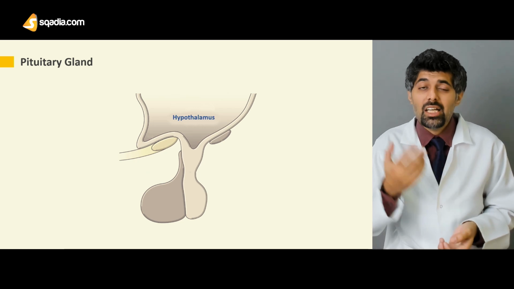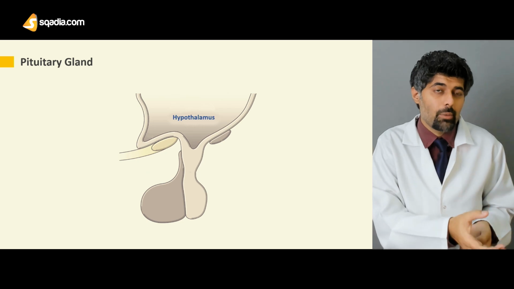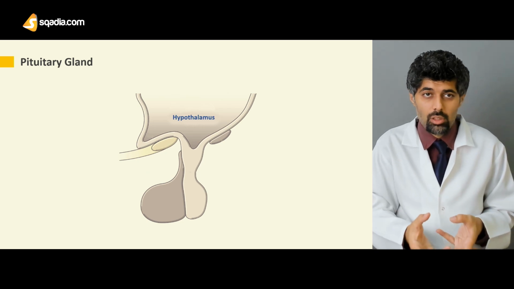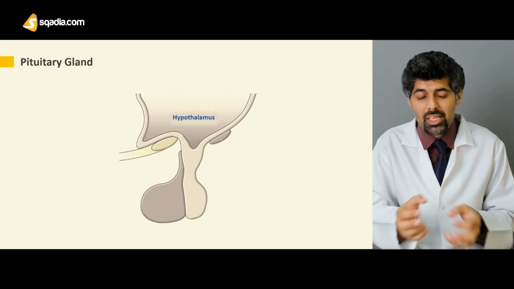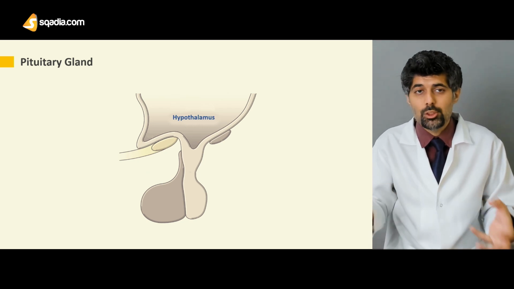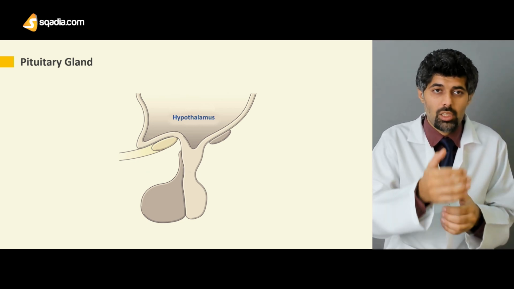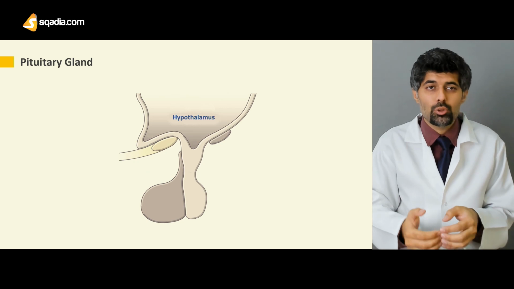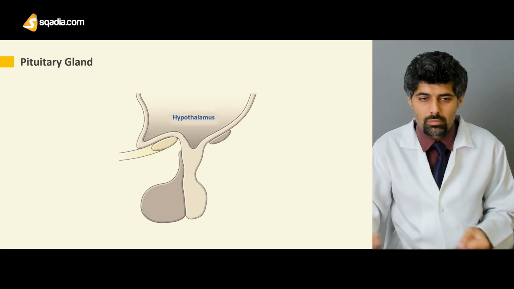In fact, it is attached to the median side of the hypothalamus via a stalk, resulting in a pouching of the gland. And that pouch in itself has two lobes: the anterior lobe, which is found at the anterior side, and a posterior lobe, which is found posteriorly.